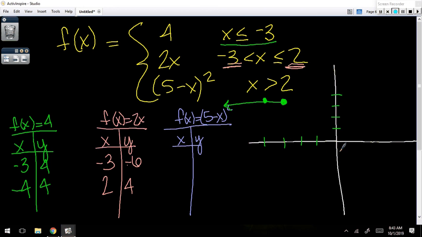Negative 3, negative 6, open or closed? Open. And you see why right above it here I have a closed dot. I can't have closed dot on closed dot or it wouldn't be a function. And then 2, 4, open or closed? Closed. There's another piece.